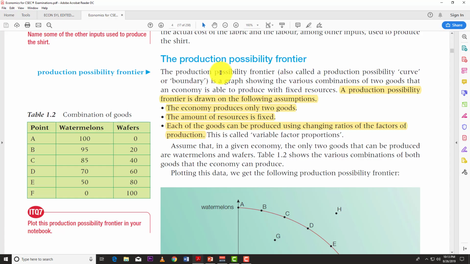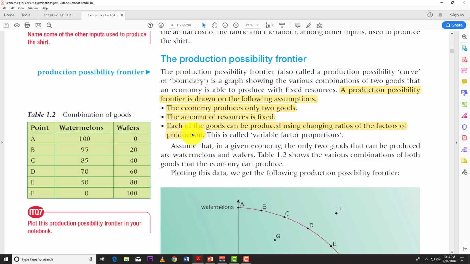It is drawn on the following assumptions: 1. The economy produces only two goods. 2. The amount of resources is fixed. And 3. Each of the goods can be produced using changing ratios of the factors of production.